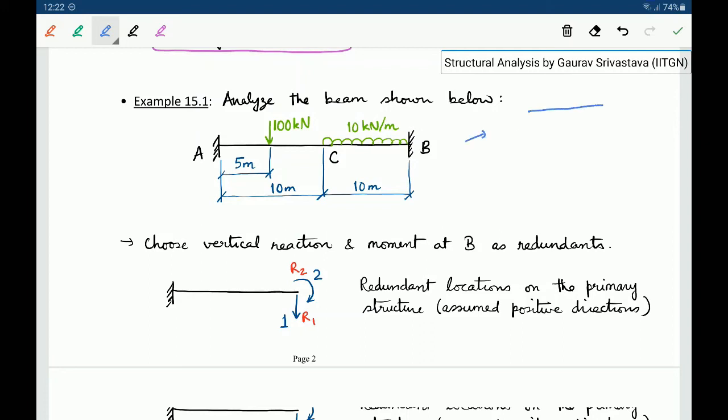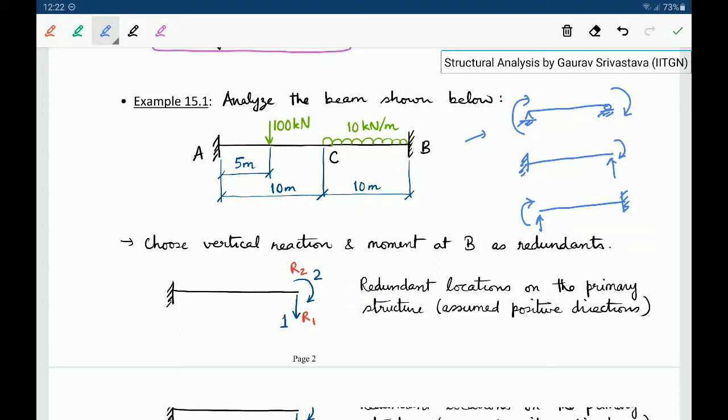For example, we can convert this to a simply supported beam, and then that will show these moments as the redundants. We can convert, let's say, this to a cantilever beam, which will show the vertical reaction here and the moment here as the redundants, right? We can convert it the other way, so in this case these two are the redundants.